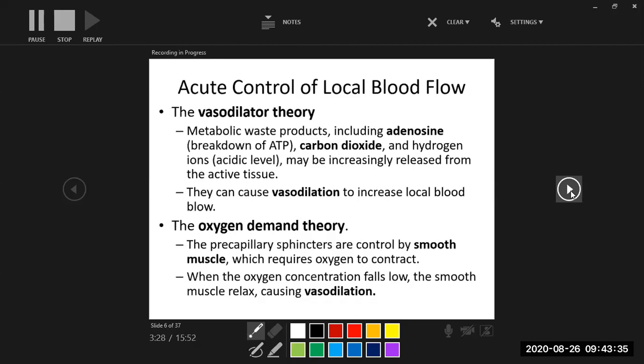So that's two theories, and both make sense. Not just theories, there is a lot of data supporting that these two could effectively trigger vasodilation locally.